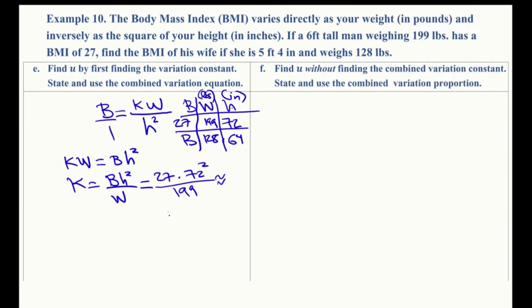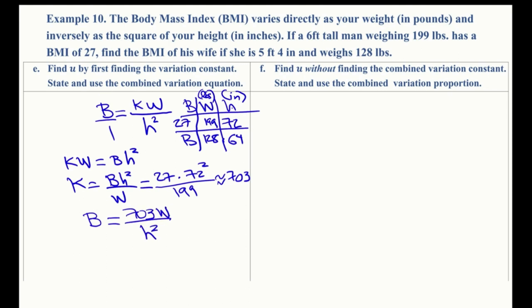Yeah, let's go with 703. Now we can write the equation as B equals 703 W over H squared.